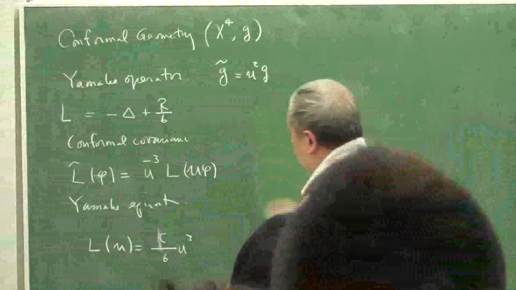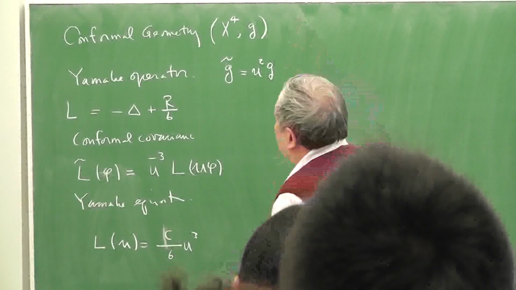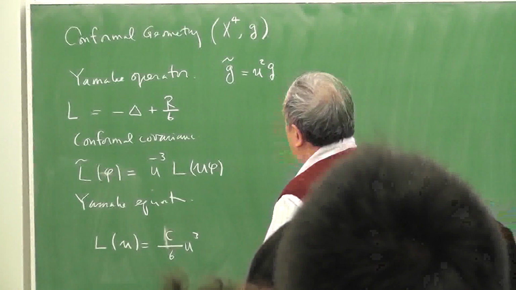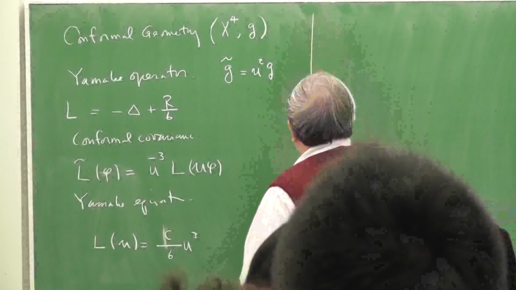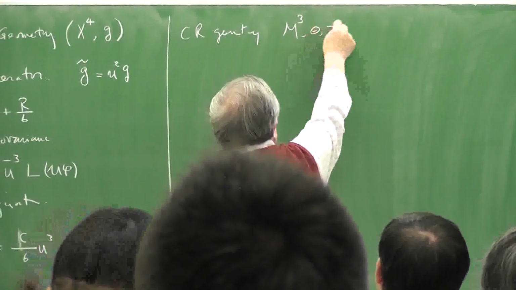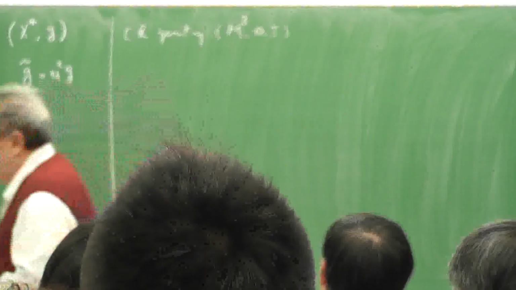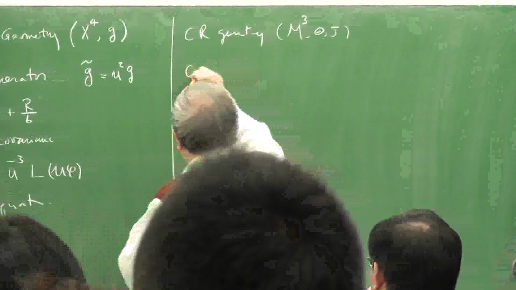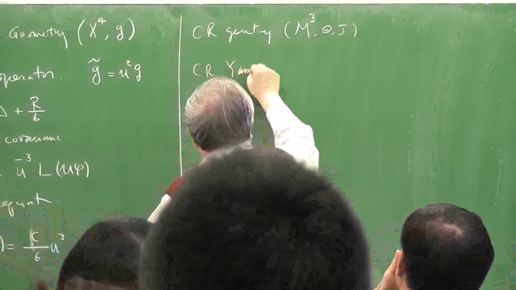Okay, so there's conformal geometry, and the interesting thing is that in CR geometry, there's just the exact analog. Now I'm looking at M3, and we have an analog, because now we have Webster curvature, I think about that as the analog of the scalar curvature. So we still call it the CR Yamabe operator.